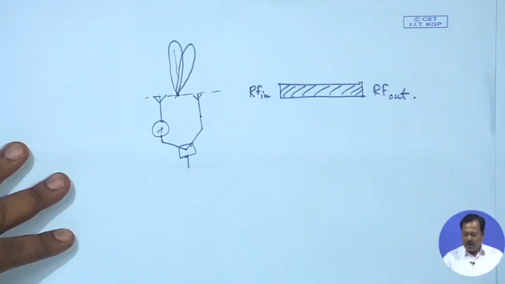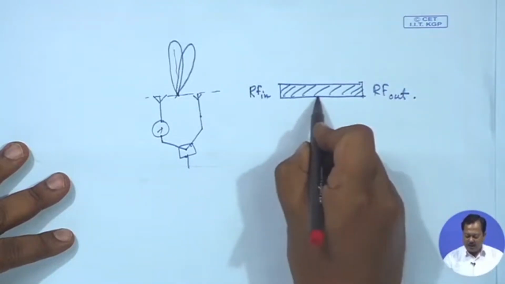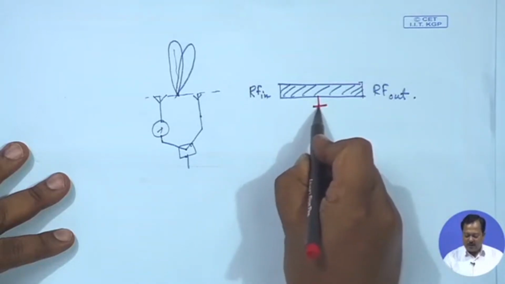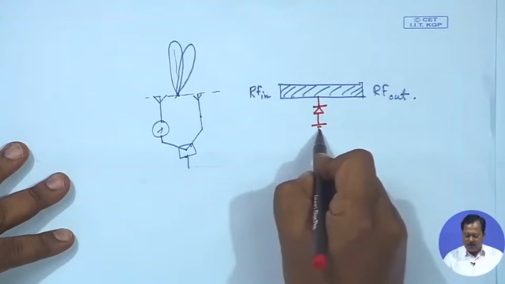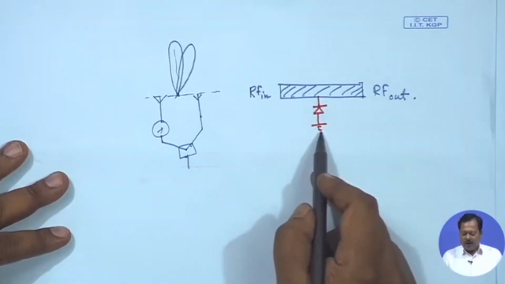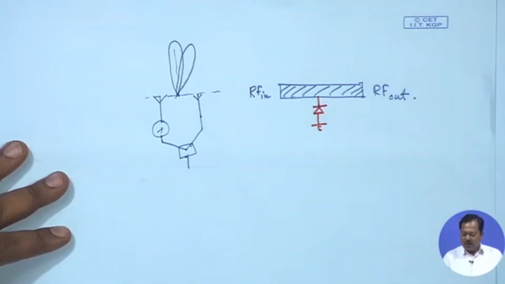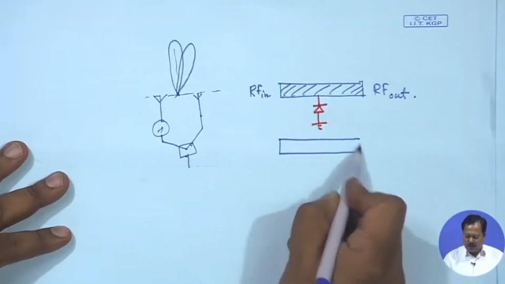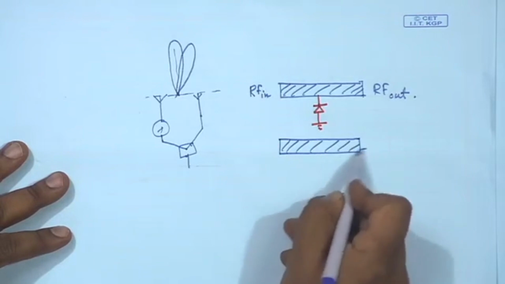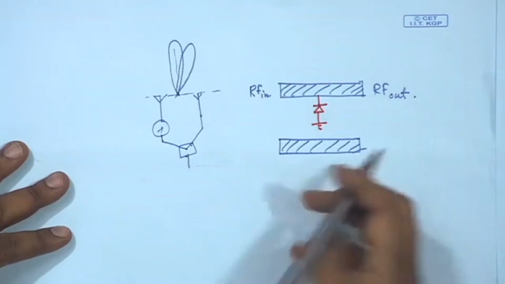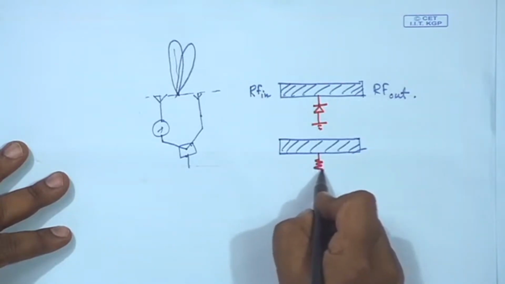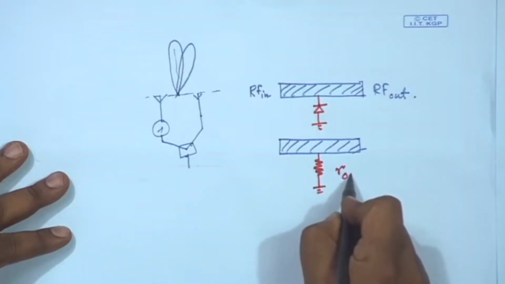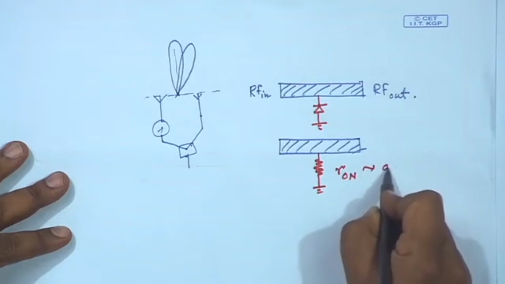Now, I am using a switch in shunt configuration. So, it is connected between the microstrip line and ground. Now, when the diode is on, in that case we can represent the diode by a small equivalent resistance R on. Typically, R on is just a few ohms.